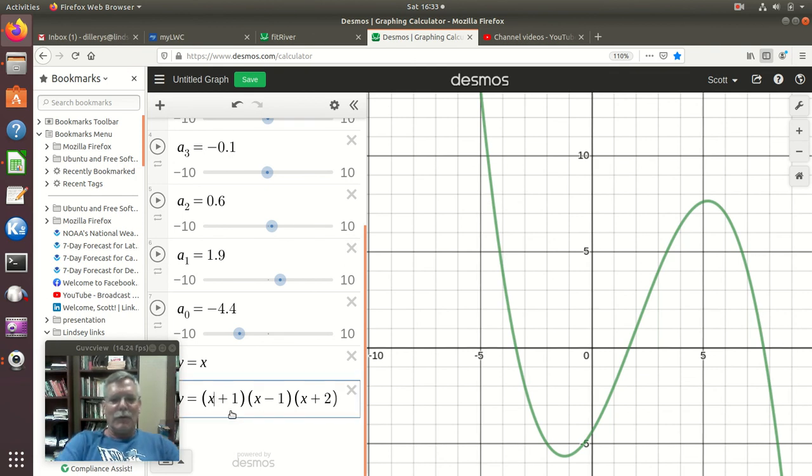So for instance, if this had been x squared plus 1, and then forget about the x minus 1, now that function will only have 1 zero, because this part is never 0. And so it will only have 1 zero. That will be a case where it is a cubic, and it will have a slight wiggle to it, but it will not have the actual trough and peak.